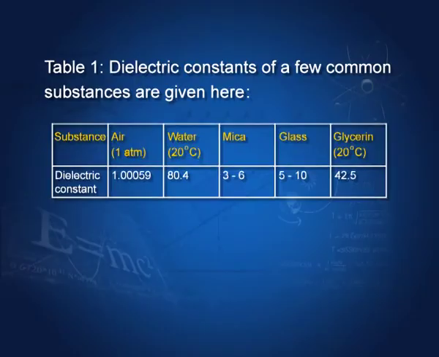Here I give you just some information, dielectric constants of a few common substances, and this is the source. So, common substances: air, K is 1.00059, water K is 80.4, mica between 3 and 6, glass between 5 and 10, and glycerine 42.5. What does it mean?